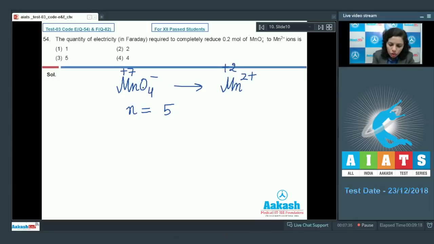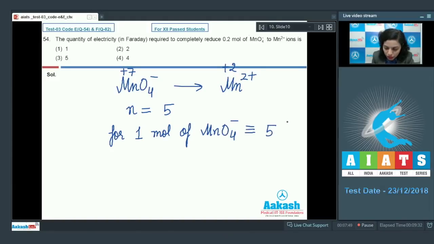And on the basis of this equation, you can directly see that for 1 mole of permanganate ion, how many Faraday of electricity you need? 5, because N factor is 5. So 5 Faraday of electricity you need.